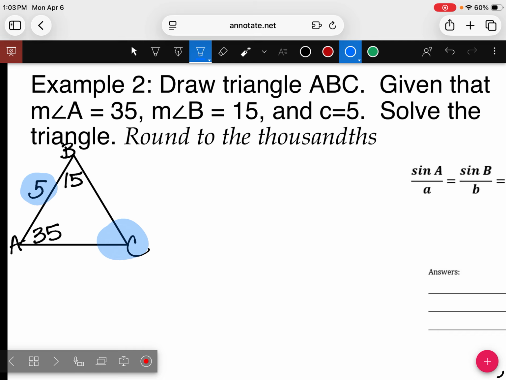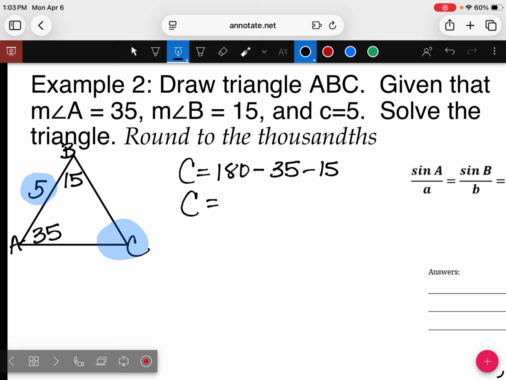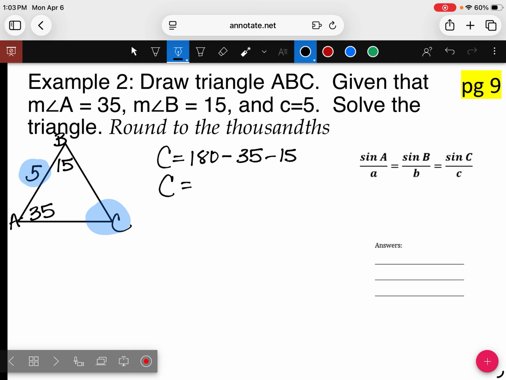Triangle sum. So we're going to take 180 minus 35 minus 15. Type that in your calculators. Is that 130?